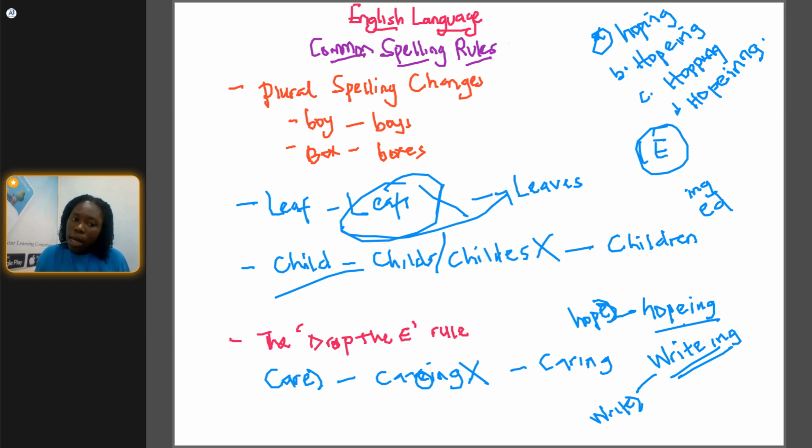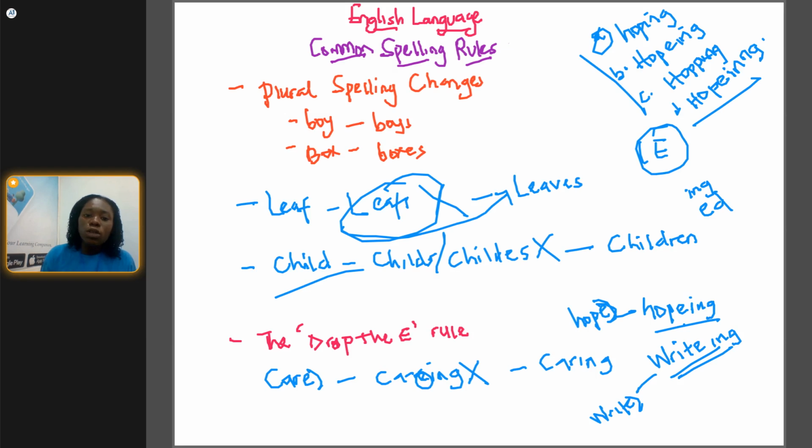Your context helps you determine what you are going for. In this case, we know that we are dealing with spelling, and maybe you have a fill-in-the-gap question asking you to choose the correct spelling. Maybe the question says, "I am dash that I could make it to the program." You know the word you need to fill in is "hoping", and you need to fill the gap with any of these four options.